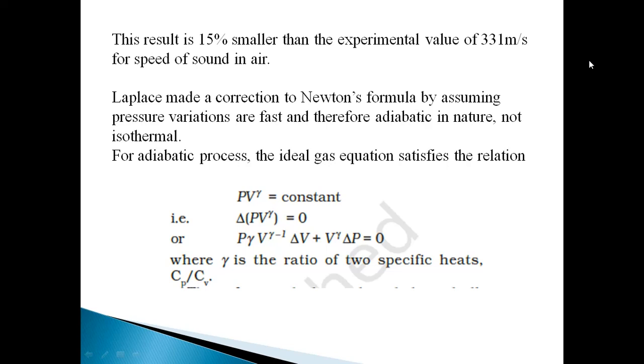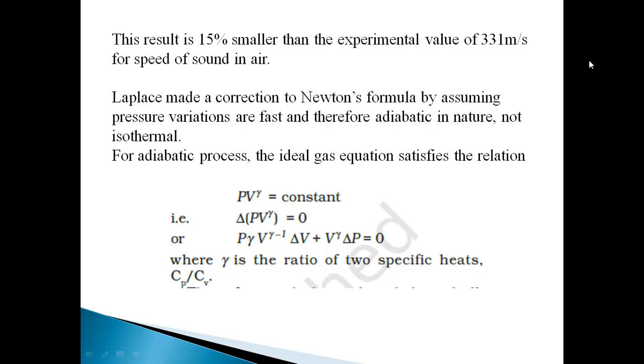That is the equation for an adiabatic change. What is gamma? Gamma is the ratio of specific heat capacities at constant pressure to constant volume, or gamma equal to Cp by Cv.